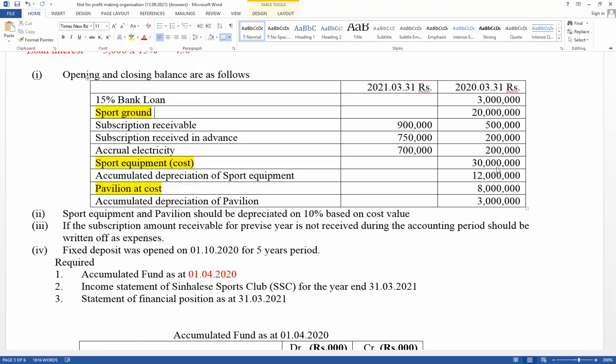Also, closing balance also same value, but accumulated depreciation, those are opening balance. Therefore, you have to calculate annual depreciation also. From the beginning, cost value should be recorded. ඒවා විකුණලා නැත්තම් වෙනස් වෙන්නේ නැහැ. Opening balance became a closing balance. Therefore, should be included financial position also.